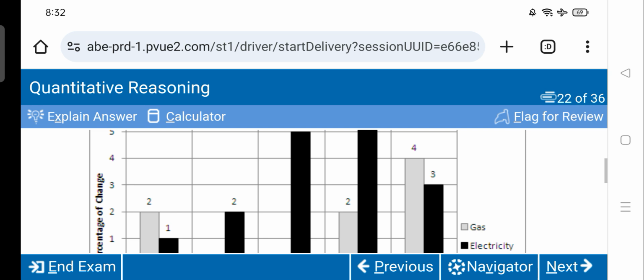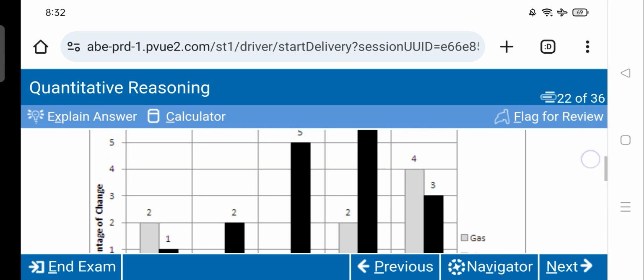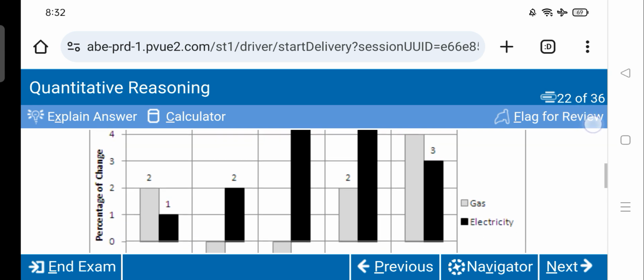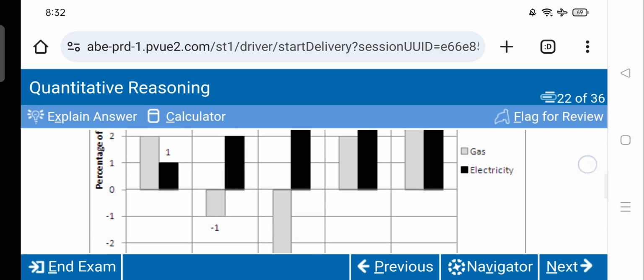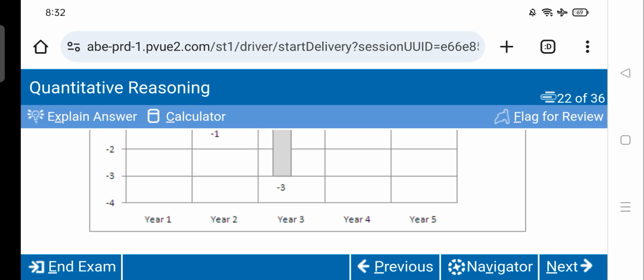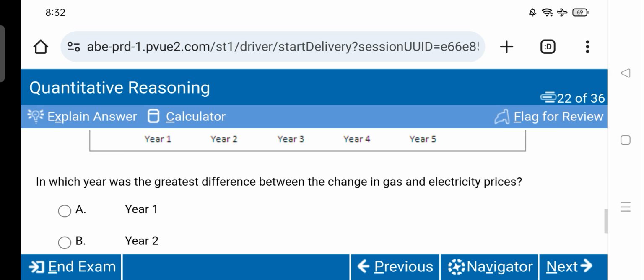So here we have the black bold ones representing electricity, the gray ones representing gas. Values are also given in negative ones. So the question is, in which year was the greatest difference between the change in gas and electricity prices?